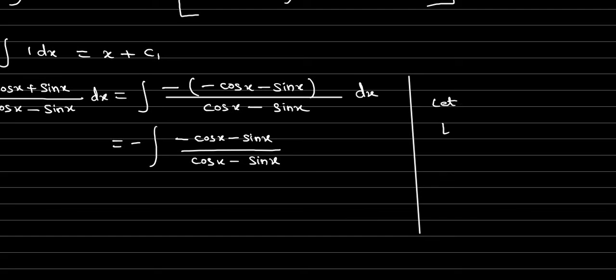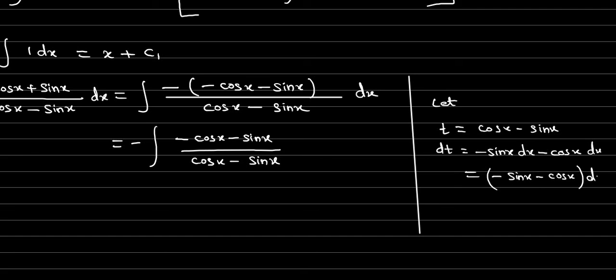So let t equal to cos x minus sin x. Cos x differentiation is minus sin x, x differentiation dx. So minus sin x differentiation is cos x, x differentiation dx. So dx when we take commonly outside, what we have? Minus sin x minus cos x dx.